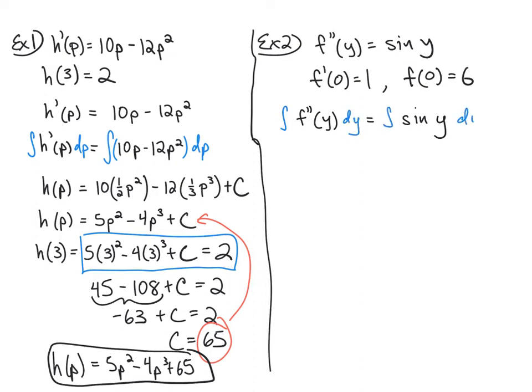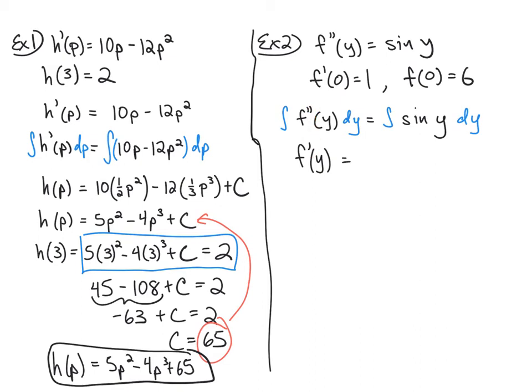Remember, you just want to find out what variable is being used. In this case, it's y. Over here, it was p, so I knew it was with respect to p. Here, I know it's with respect to y because that's the variable we're using. So when we find the antiderivative of the left side, we get f prime of y. We can only take away one prime at a time.